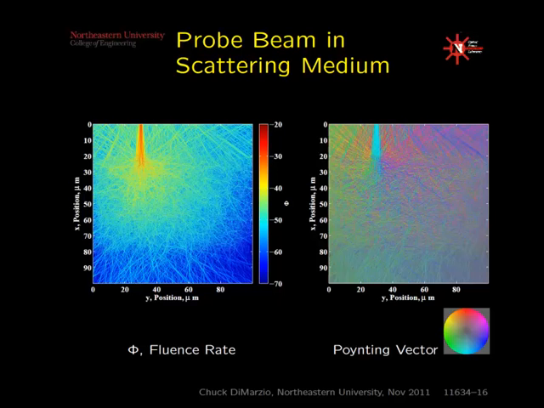Okay, so let's introduce a narrow probe beam, a couple of microns in diameter, into the medium, and that wave propagates like a nice Gaussian wave in the clear medium. And when it hits the surface, some of it gets reflected, as you would expect. There's a slight index contrast there, remember?